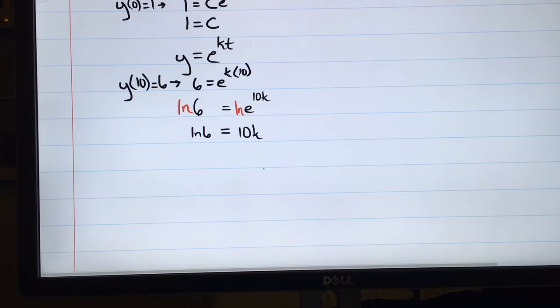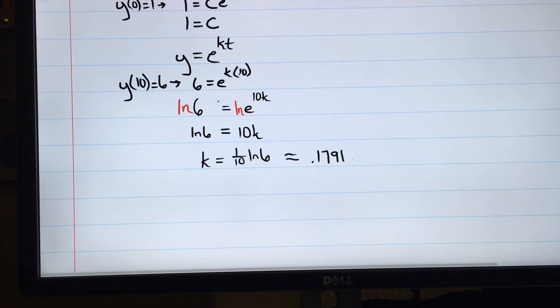In solving for k, k is going to be equal to 1/10 of the natural logarithm of 6. This will be the exact terms, and for approximating, we have about 0.1791.